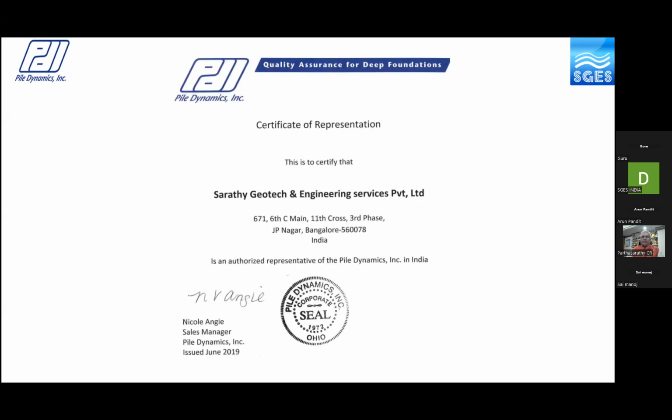I'll touch base on each of these methods and show you some results. I'll also touch base on the bidirectional load test. There were some questions also on that for conducting the static load test. And finally, before I conclude, let me share with you some case studies which we have been involved in, the forensic study in evaluating the integrity and load carrying capacity of deep foundation in several of our projects, and what is the way forward.